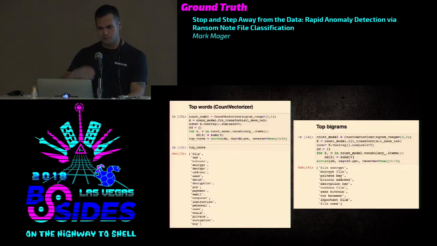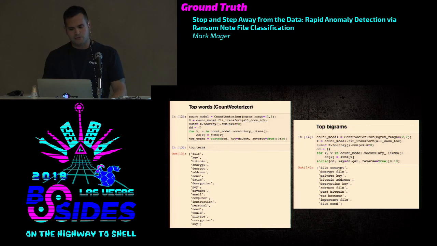And when we're taking into account the Count Vectorizer and the TF-IDF Vectorizer, we want to get an idea of what the top words are going to be. What sort of phrases are we going to typically see? And it hits along the same sort of notes that we've been seeing so far. So we're talking about files, Bitcoin, encryption, decryption, sending payments, emails, computers, things along those lines.